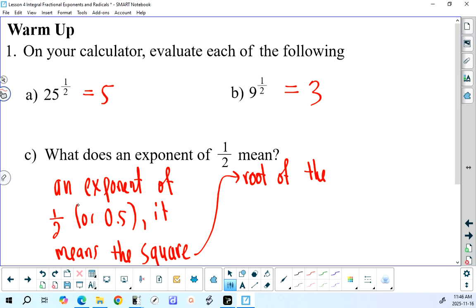Actually, I shouldn't say that. When we're talking about exponential form, there is no radicand. I should say the square root of the base of the power. I could tell you this, basically. A raised to the 1/2 is the same as the square root of A.